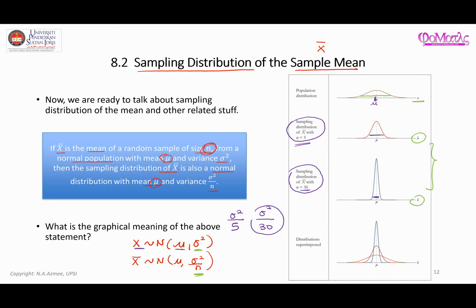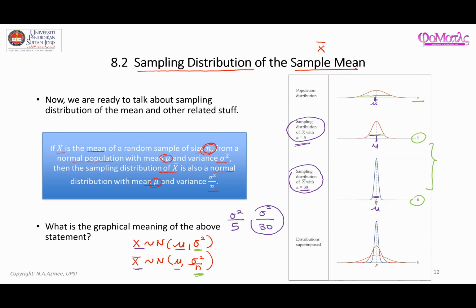And similarly for x bar, the center position, the mean of x bar is also at position mu. So mu here doesn't change. What changes is just the spread of the distribution.